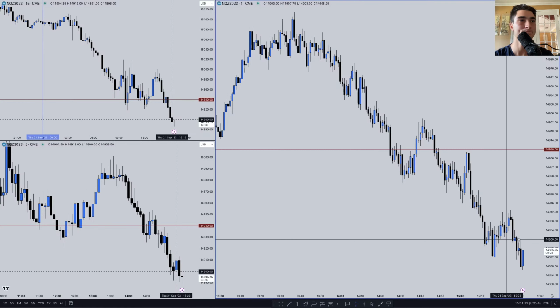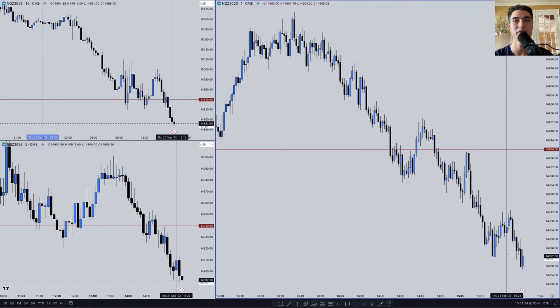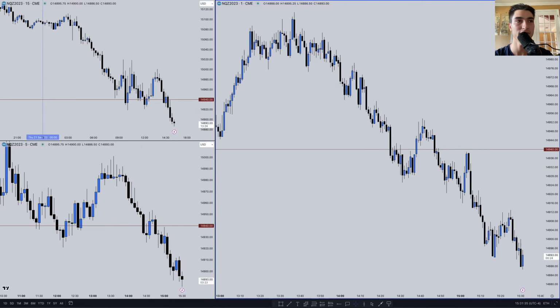So again, as I said, making a lower low. But if we are going to continue going lower, this market should accelerate lower aggressively now.